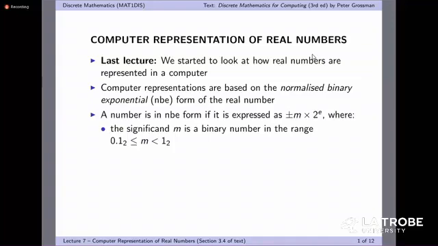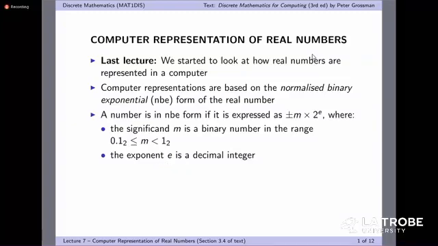In this binary exponential form, m is the significand. It has to be between 0.1 and 1 in the binary representation, and the exponent e is a decimal integer. It could be any integer, of course.